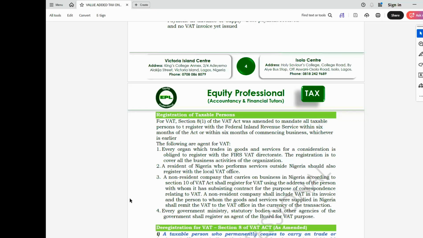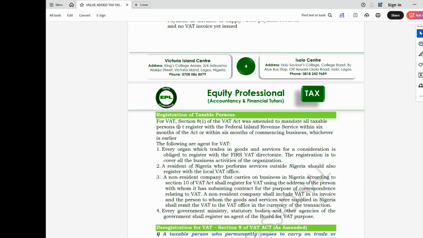So a non-resident company that carries on business in Nigeria shall register for VAT using the address of the person with whom it is entering into contract. As I said earlier, every government ministry, agency, and body of the government must also register for VAT.